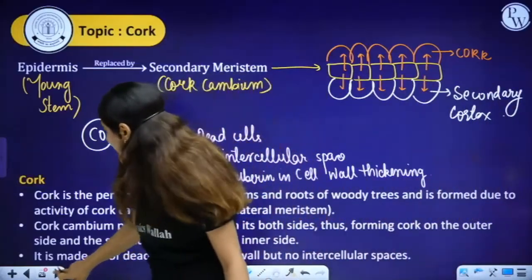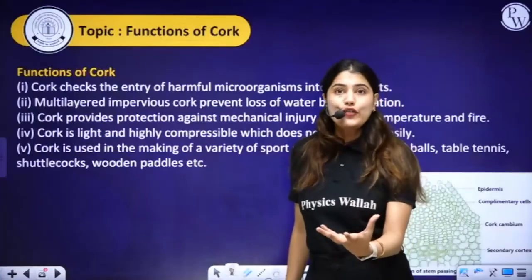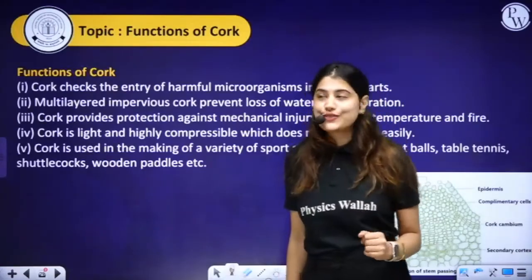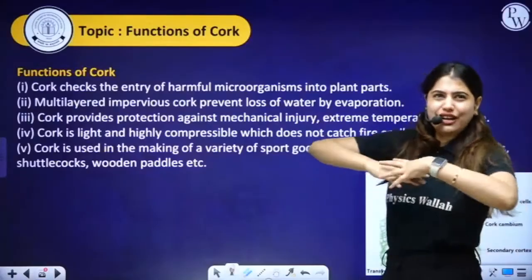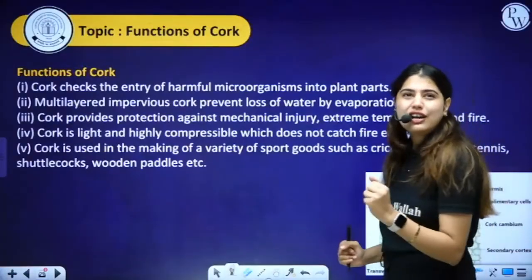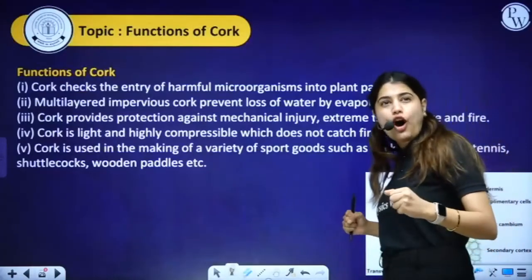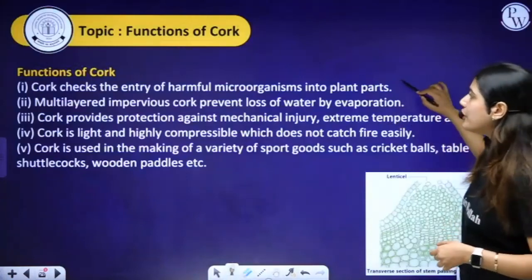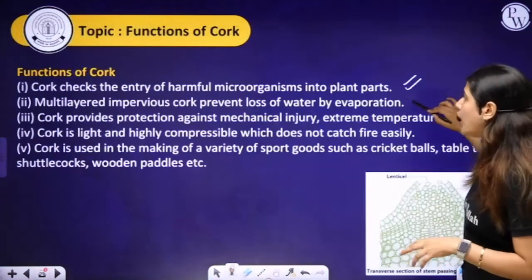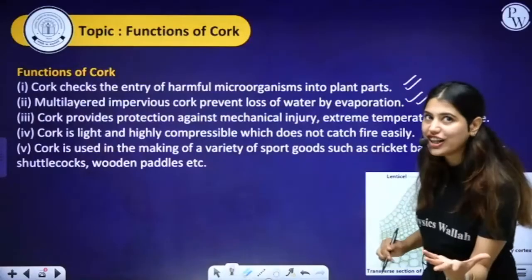So basically, what is this cork doing? Since it is impervious to water, it will prevent the loss of water. Since it is like a dead, hard covering, it will not allow any mechanical injury to happen, or any type of pathogen to enter. So we can say it is protecting from harmful microorganisms. Also, it is preventing the loss of water since it is impervious to water.